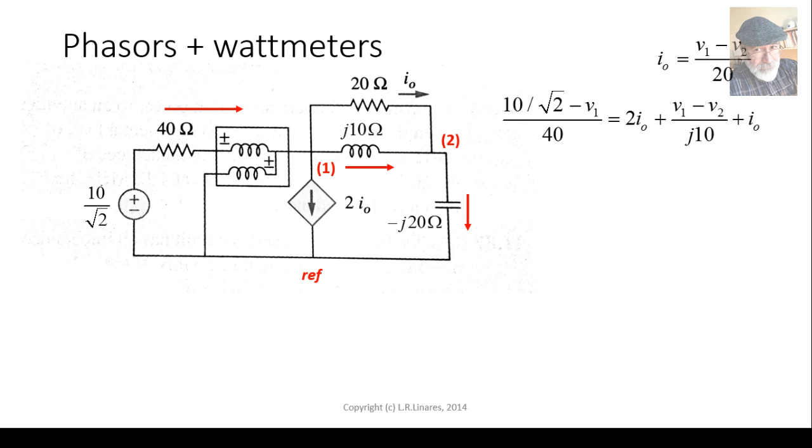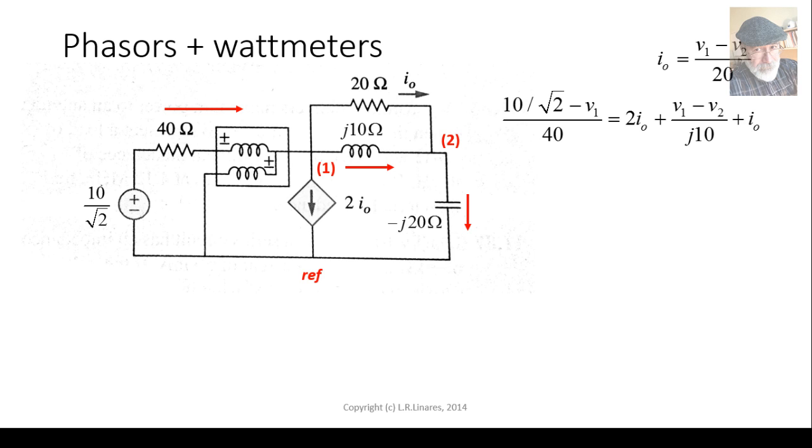This voltage of the source, 10 over root 2 minus V1, because the wattmeter has no voltage drop in it, divided by 40 ohms. That current going into node 1 is equal to 2I0 going downwards, plus V1 minus V2 over j10, plus I0.